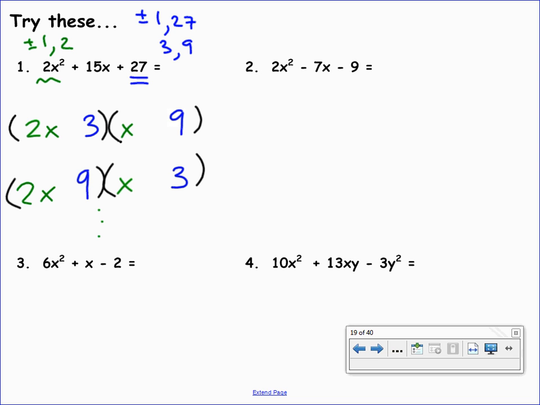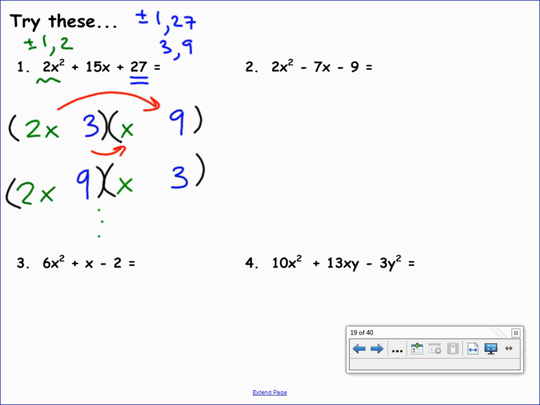In the first placement, my outer product would be 2x times 9. That's 18x. My inner product would be 3 times x. That's 3x. Upon initial inspection, 18x and 3x, it appears as though we could get to 15x. But there's one problem.